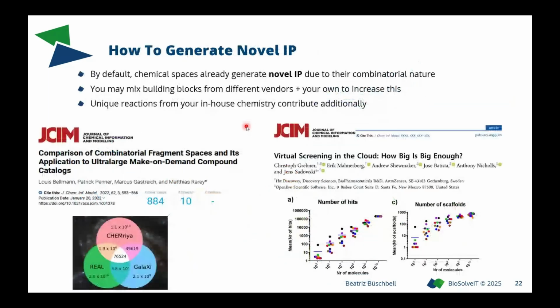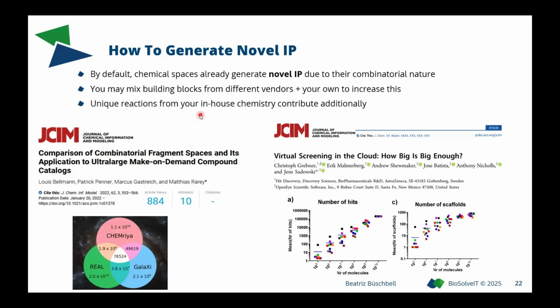Okay. One important point to consider is how to generate novel IP. By default, chemical spaces already generate novel IP. As Alex said, we don't know what's inside the spaces. These are probably combinations that you have never seen before.